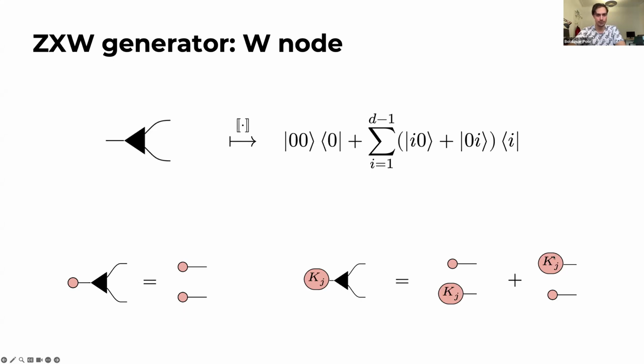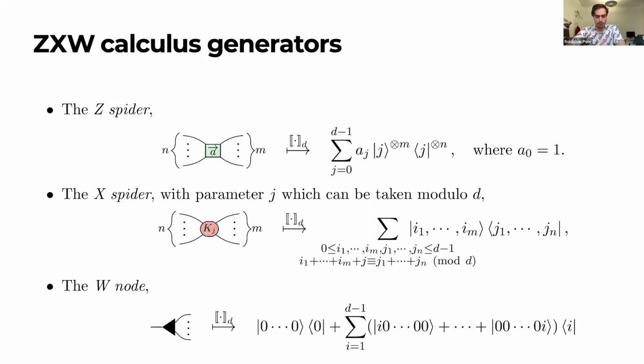So this is what the W does. It gives you the superposition of these. Putting everything together, just as a reminder, we have the Z, X, and W. What you just saw previously is the same thing here, and these are the generators of the qudit ZXW calculus.